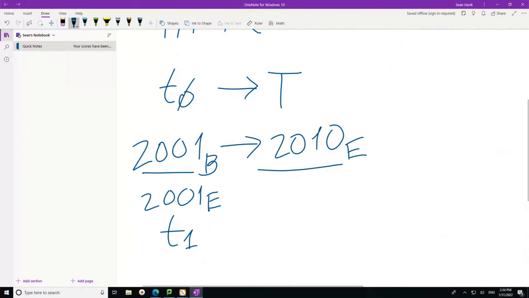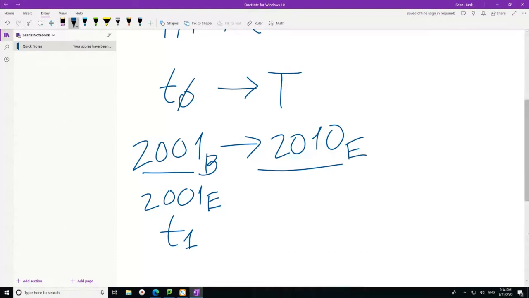And between end of 2001 and end of 2010, it will be 9 years only then, right?